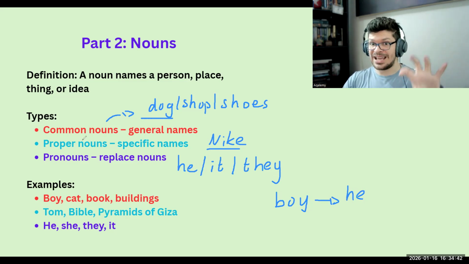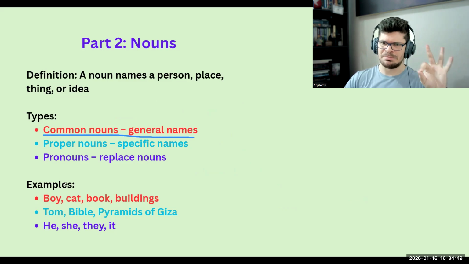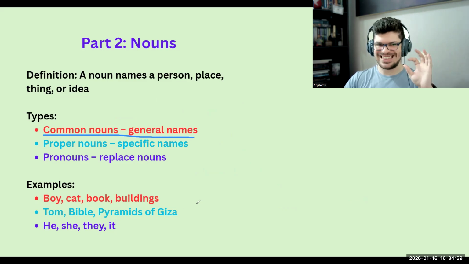Look at the color. It will help you understand. Common nouns: boy, cat, book, buildings. These are general. Specific nouns: Tom, Bible, pyramids of Giza. These are specific names. And you can see the capital letter.